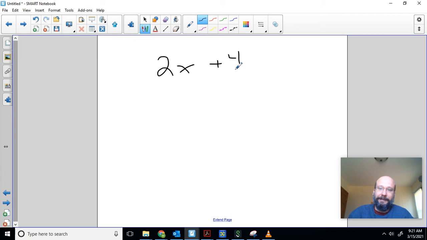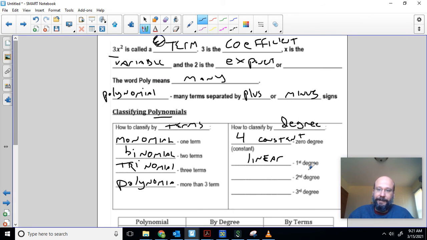2x plus 4. Again, this is a binomial because there are two terms. And for the degree, it's linear because the highest exponent is this imaginary one with this x. When there's a squared, we call that a quadratic.